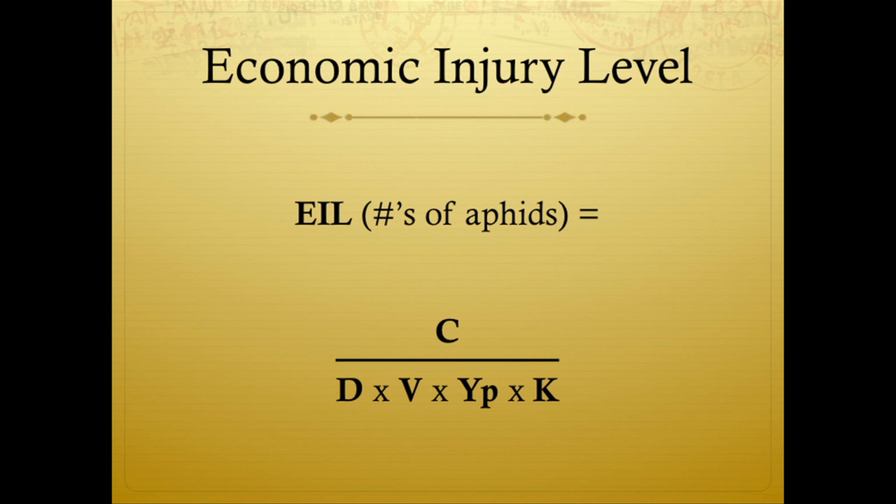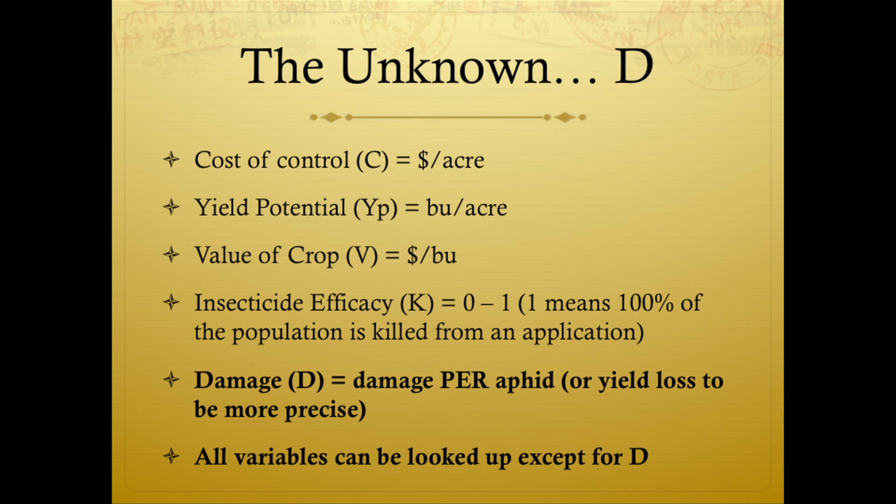Yield potential, YP, that's your maximum yield, which would be in bushels per acre, multiplied by K, your insecticide efficacy. This is the formula we use to calculate the EIL, or your break-even point. All these you can look up if you're a grower.